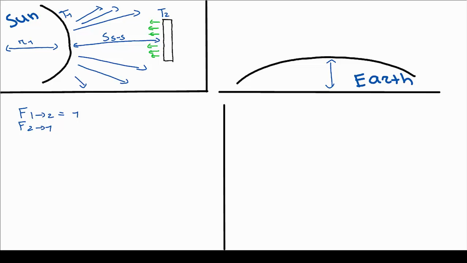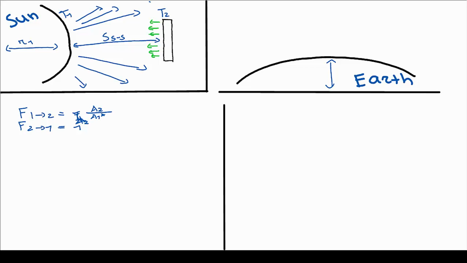But how to calculate this? Well, for this we have a formula, which is the area of the object that is reached. Oh wait, I made a small mistake here. So actually this one is 1 and this one is the area of 2 over A1 star. So what is A1 star?